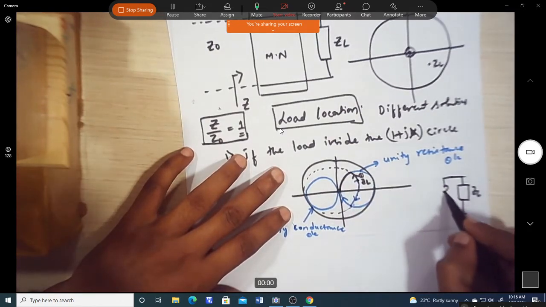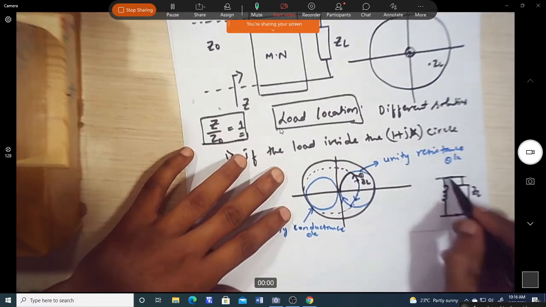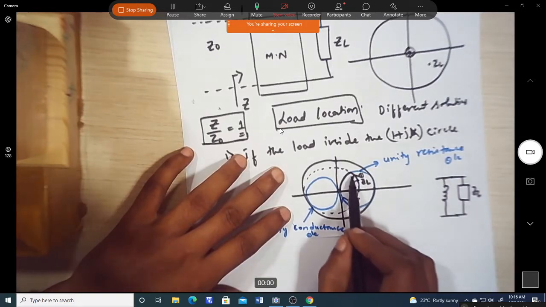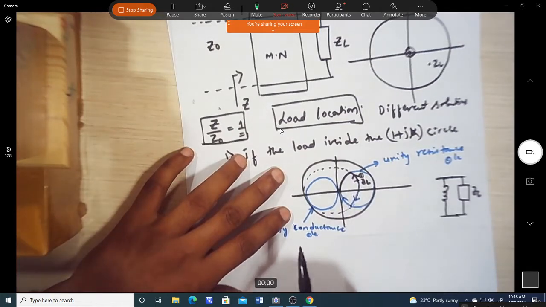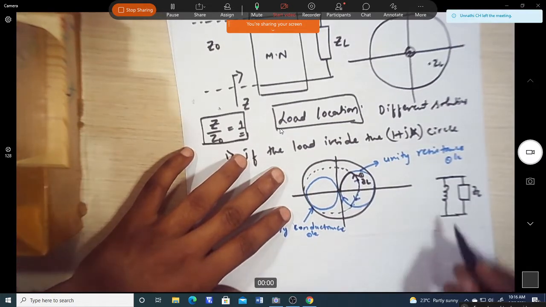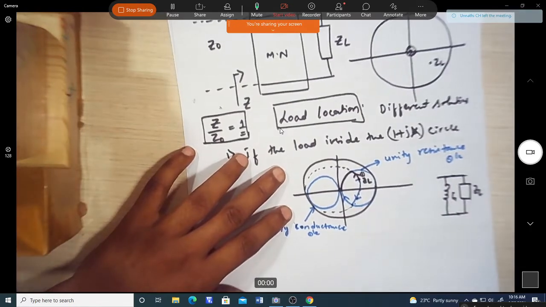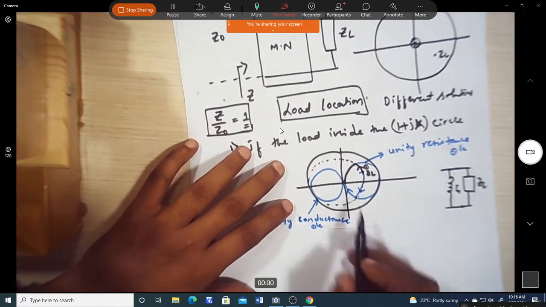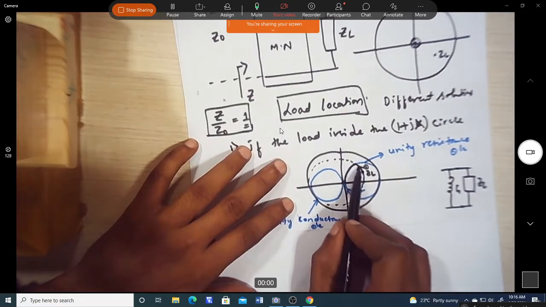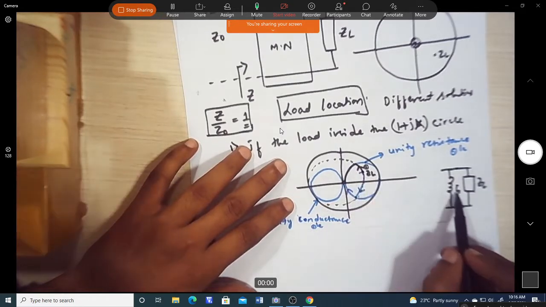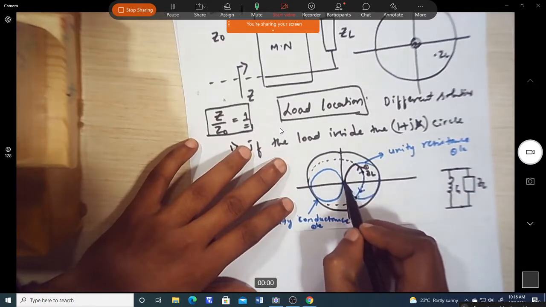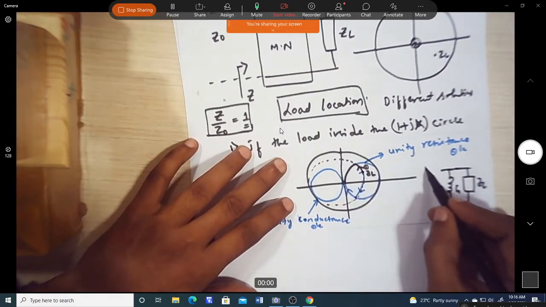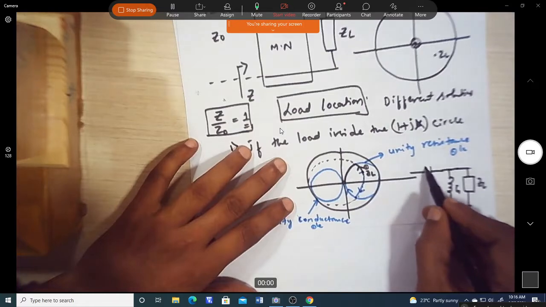We need to find the susceptance offered by this inductor, and later calculate the value of L, which we will see in the problem. But the solution is that the first element in this configuration is the shunt L. And whenever you go on the resistance circle downwards, we will have a series capacitor.